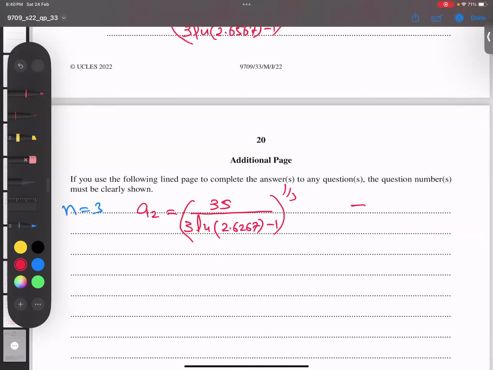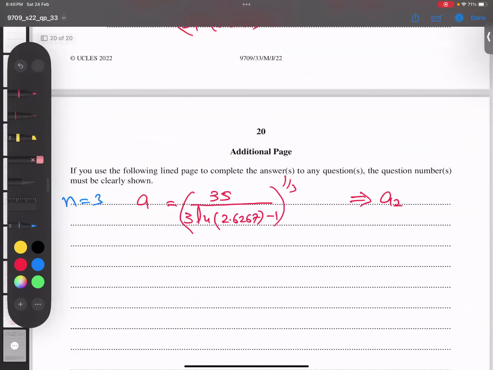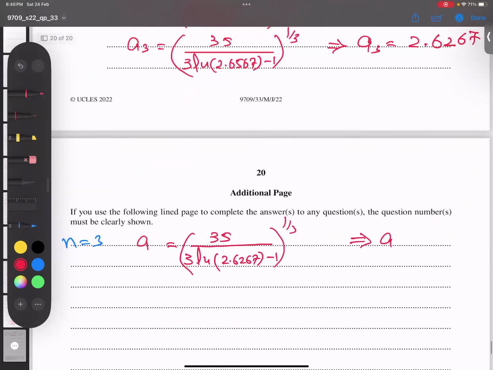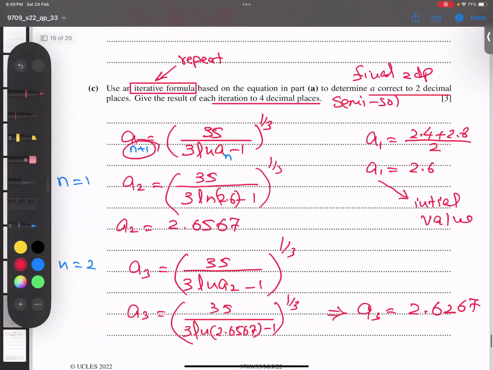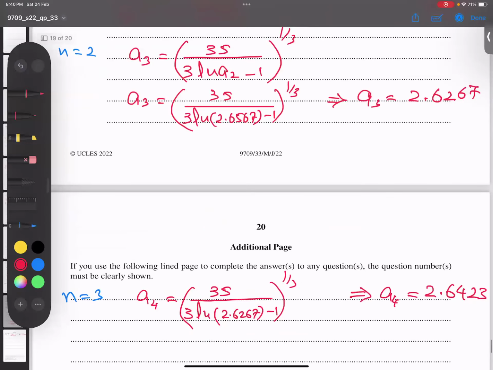And my answer is coming as A2, wait a minute, A2 or A3? Sorry, it is A4 now. Reason: when I plug in 3 in this place, 3 plus 1 gives you 4. So this is A4, and the A4 answer is coming 2.6423.